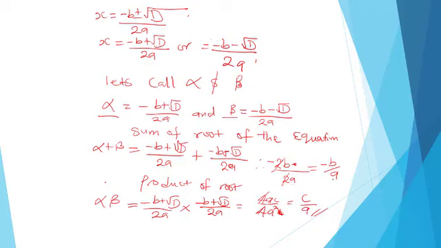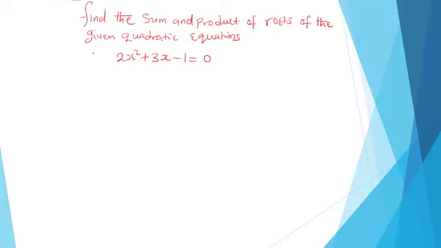Now I will want us to try take this down and use it in solving any equation that has been given to you. Let's solve this. Our question 1 says find the sum and product of root. Now remember the rule for finding sum of root.